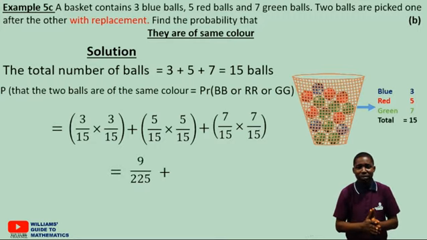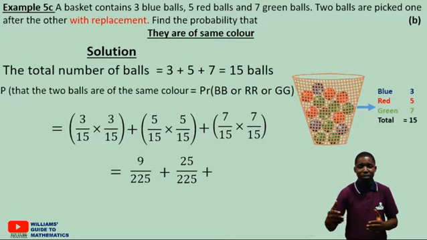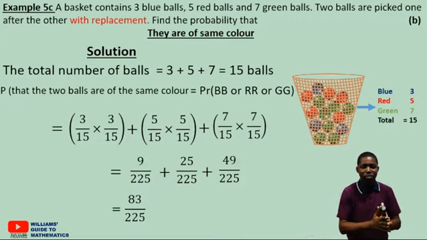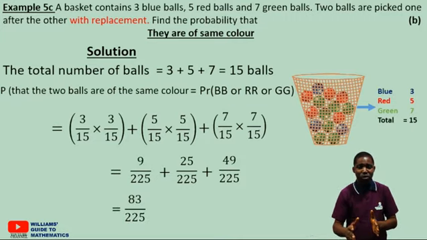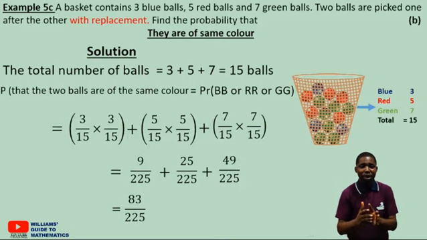If I multiply 5 and 5, I have 25 over 225. If I multiply 7 and 7, I have 49 over 225. Now, 9 plus 25 is 34. 34 plus 49 is 83. So I have 83 over 225 as my probability of picking the same color.